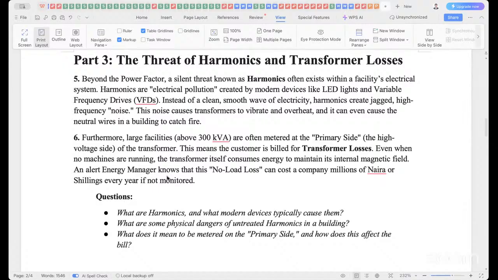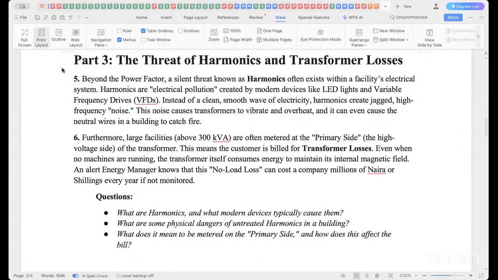Instead of a clean, smooth wave of electricity, harmonics create jagged, high-frequency noise. This noise causes transformers to vibrate and overheat, and it can even cause the neutral wires in a building to catch fire.